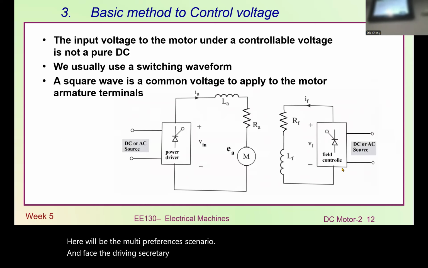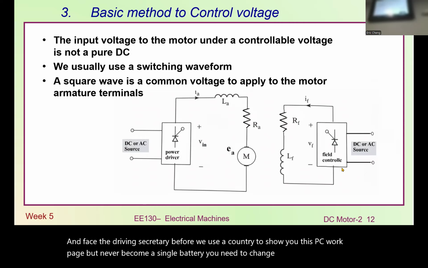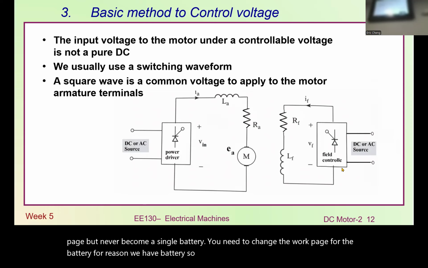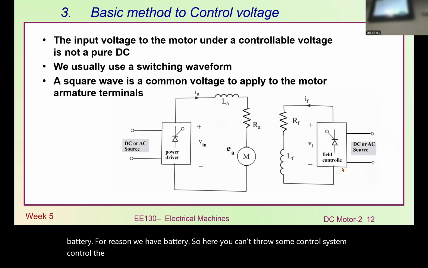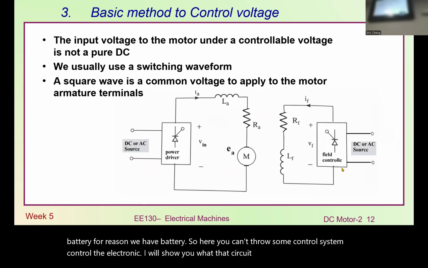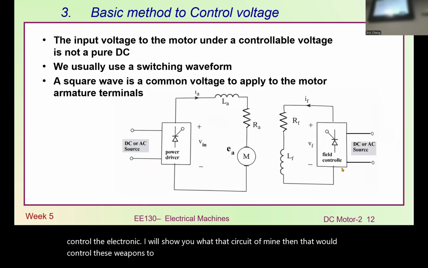Before, we used a battery to show you the DC voltage, but in practice it is never just a single battery. You need to change the voltage from the battery. For instance, your battery source passes through a control system, the control electronics. I will show you what that circuit is like. It will control this voltage into a variable voltage to drive the motor.